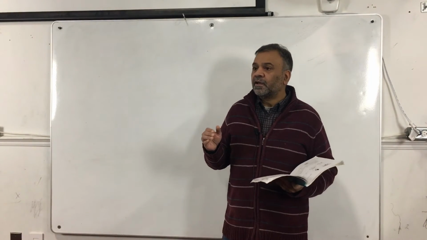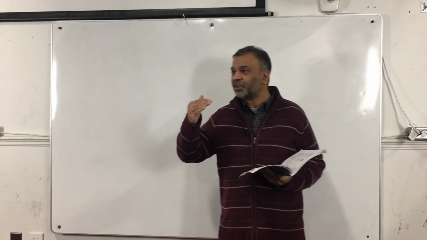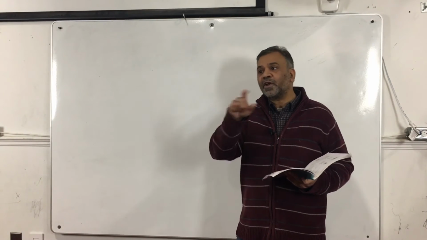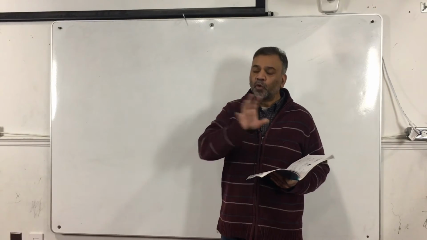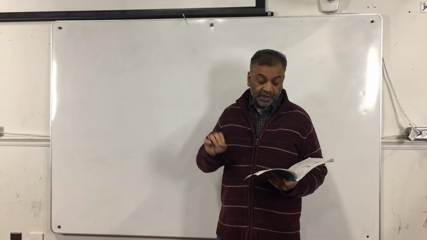Just watch that this is mansoob, what we call maf'ulun mutlaq, an absolute object. So, I am not just saying beautiful, I am saying very beautiful. I am basically promoting the beauty of the watch to very beautiful. That is why I am bringing in maf'ulun mutlaq. For now, just remember that, but there is more to it, which we will learn in book 3 inshallah. This is very beautiful.